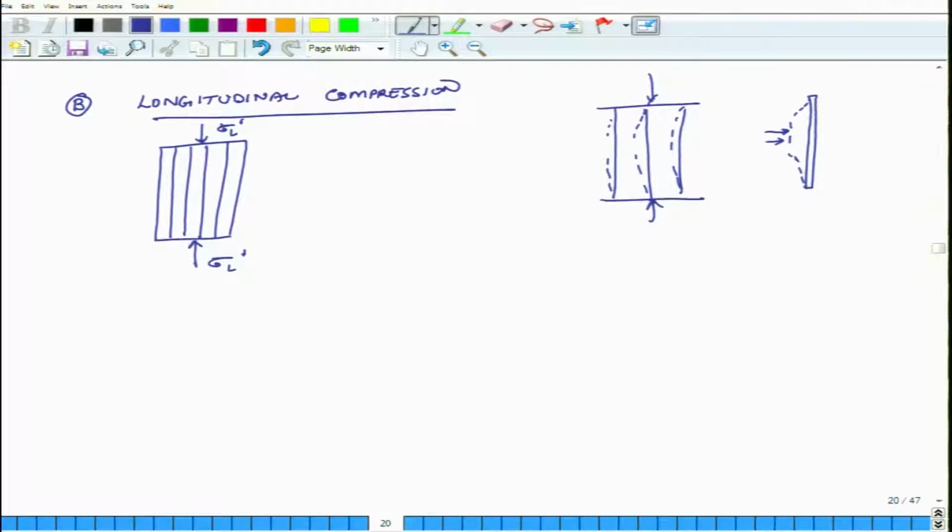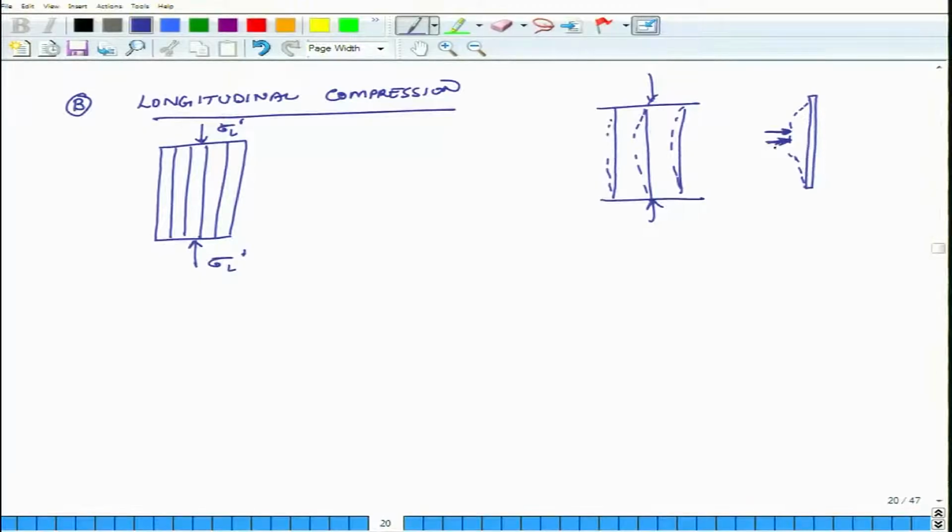So, one is, if the number of fibers is really small, there are very few fibers, then what will happen? There are only, let us say, 1% fibers and you have a lot of matrix. So, there is a sufficient amount of matrix available to keep everything straight. After a time the matrix will not be able to keep it straight, and then the fiber will start buckling.